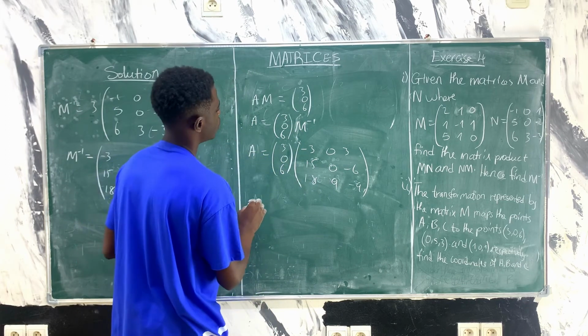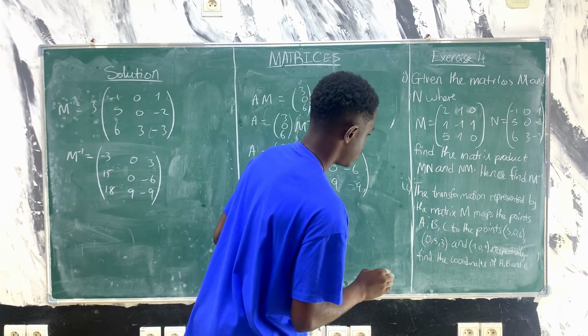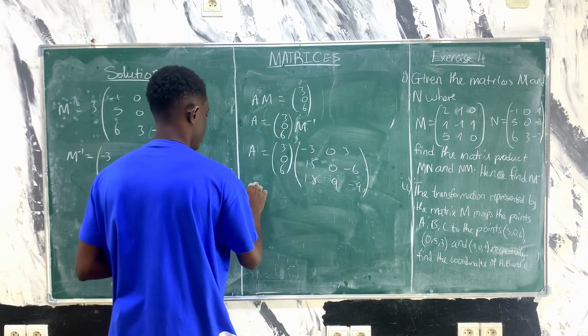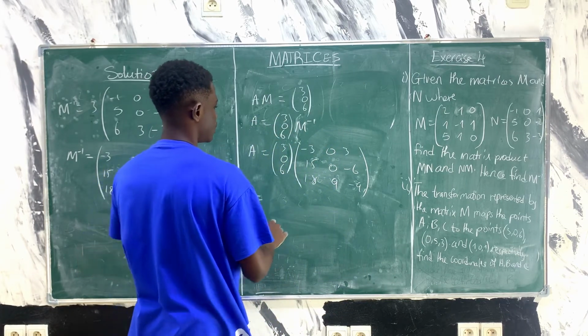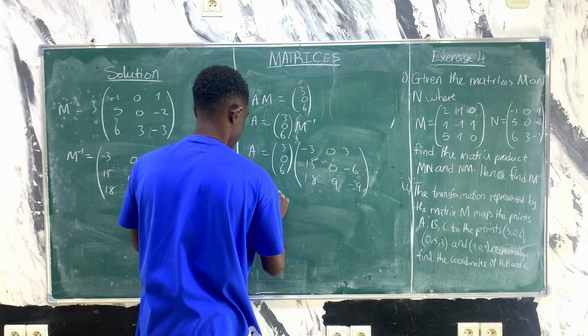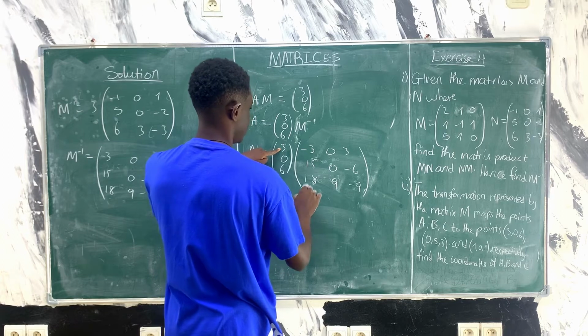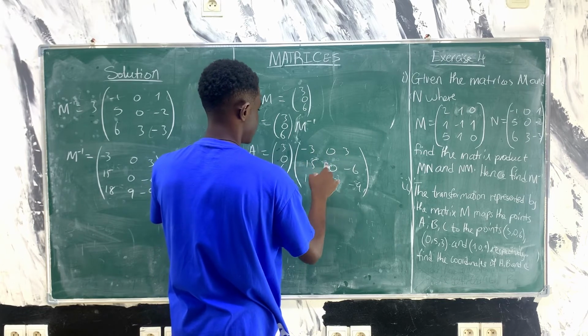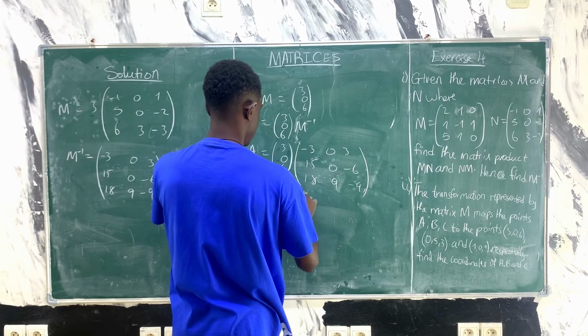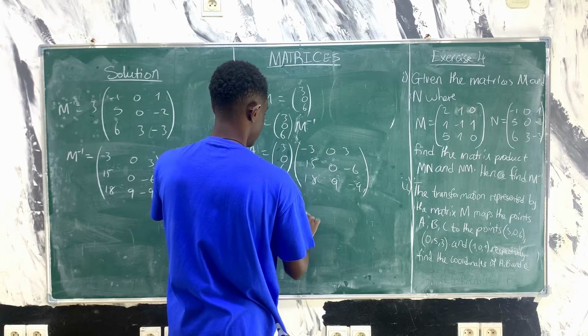So when I multiply this column by all of the 3 rows, A is going to be: 3 times minus 3 is minus 9, 0 times 0 is 0, 6 times 3 is plus 18.